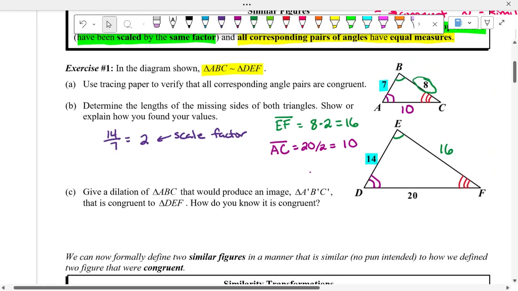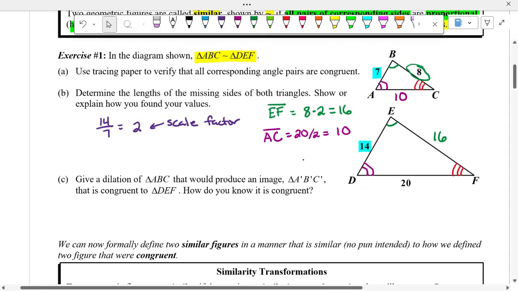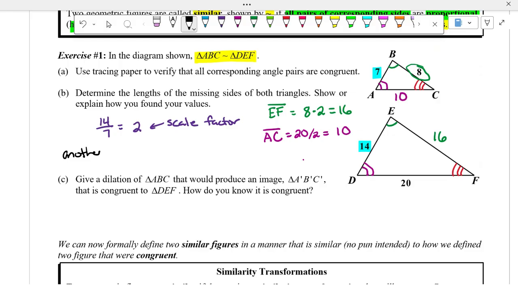Now, another way you could have found this, which I do recommend writing down, is you could have set up proportions because the sides are proportional. So we could have done 14 over 7 is equal to, let's say we're finding AC. So you got to put the correct side with the correct triangle, all right?